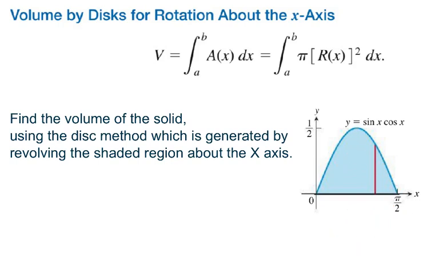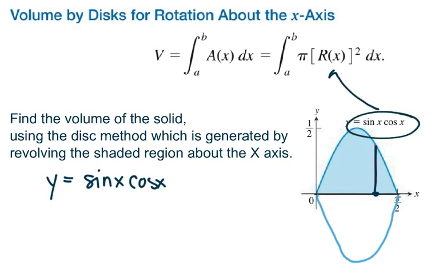as the function, and we're going to integrate it across our bounds, which would be in this case 0 to pi over 2. All right, so my function, right, y equals sine of x cosine x. So the function represents the radius of this shaded region. I'll draw that back in there, right? My radius is from the center out to the edge, and the function is that bounding edge. So this is going to be my capital R of x, right?